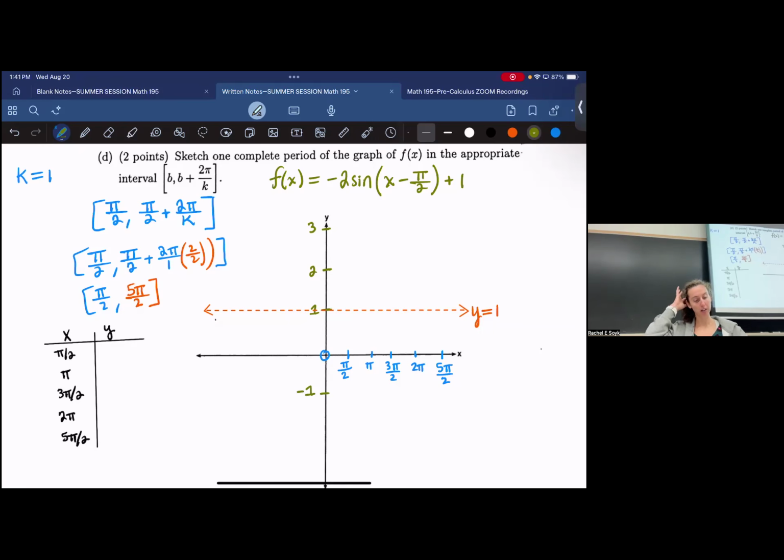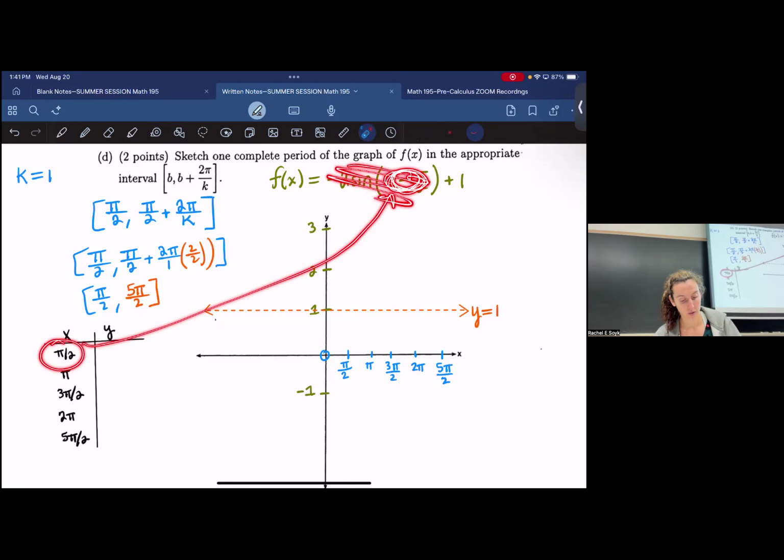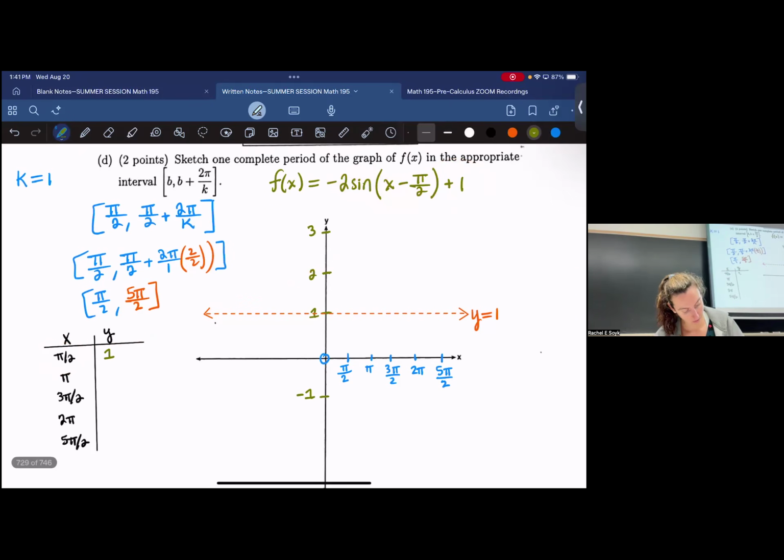Good. Okay. So now let's plot these points. Pi over 2 for x. Pi over 2 minus pi over 2 gives you 0. Sine of 0 is 0. All of this shoots to 0. We have that plus 1, and we get y is 1. Right? Pi. Pi minus pi over 2 is pi over 2.